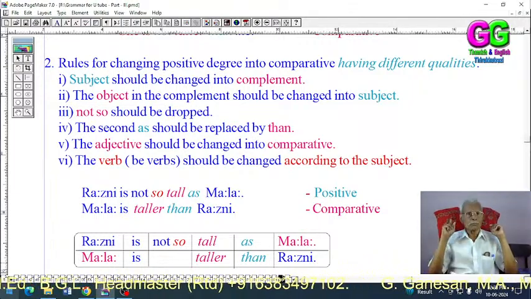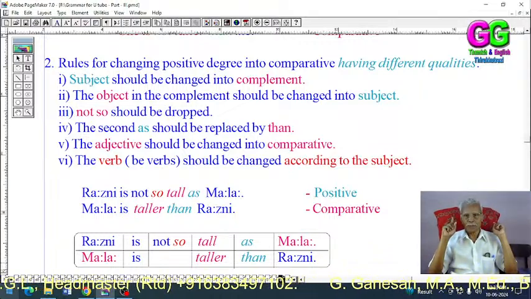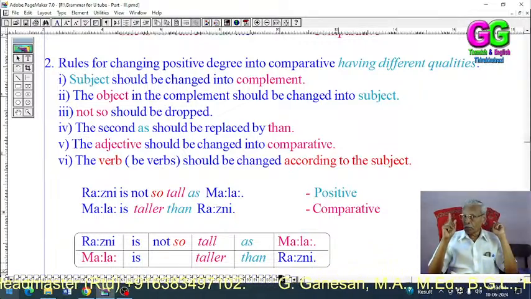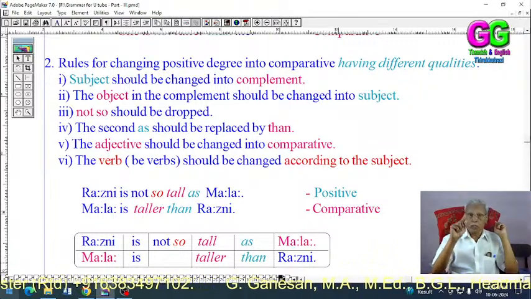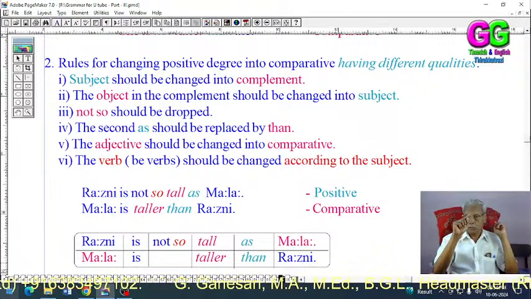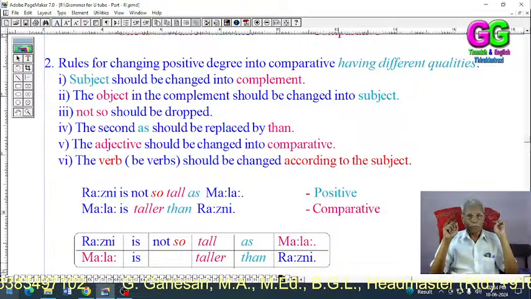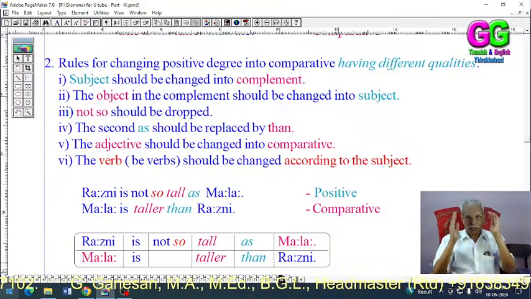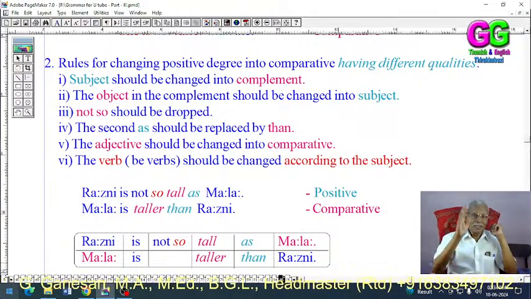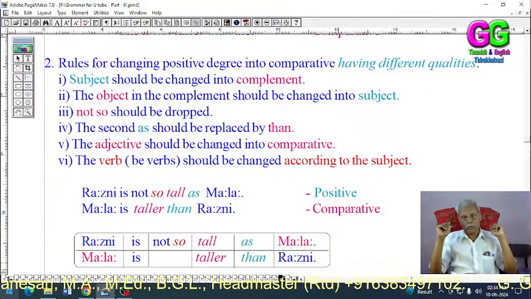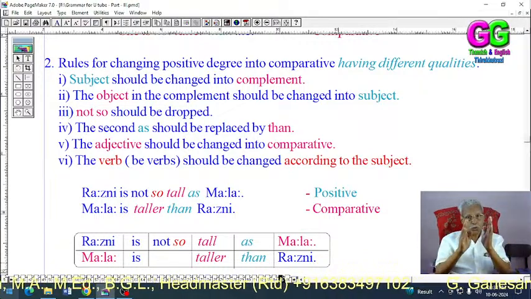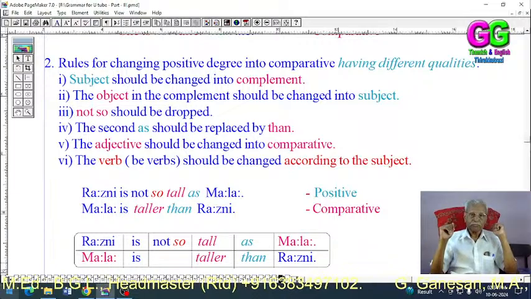Only one change: when things have the same qualities, we use "as", but to refer to different qualities, we use "so as".